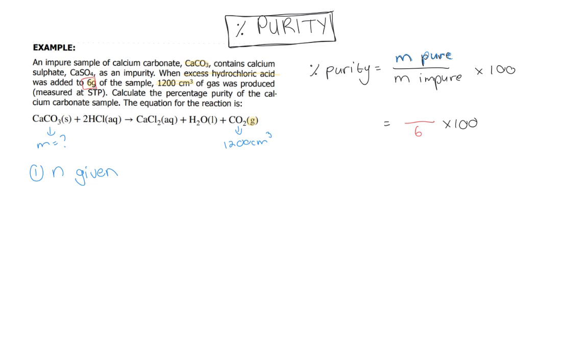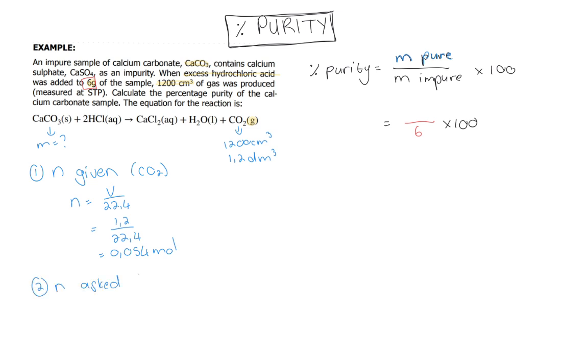In this case it's my carbon dioxide, and they give me a volume, so I use this formula, and they say it's at STP, so I use 22.4. But remember this value needs to be in cubic decimeters, so I need to divide by 1,000. So it's 1.2 over 22.4, and that gives me a value of 0.054 moles.